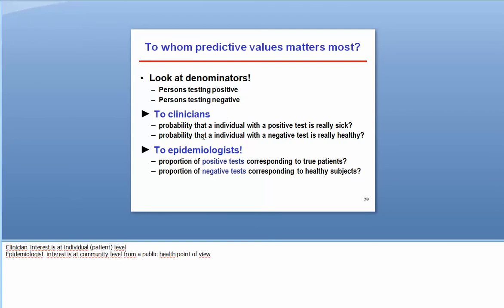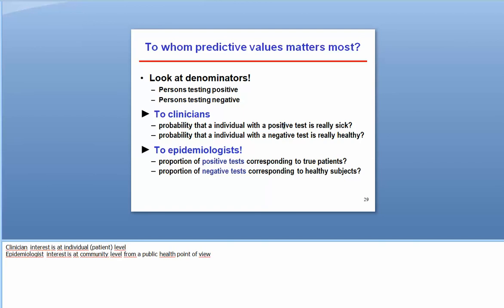Now, then also to clinicians. For a clinician, there's a difference between a clinician and an epidemiologist, from a healthcare point of view. The clinician is interested in his or her patient, right? So it is their interest which matters to clinicians. If there's a patient of a clinician, and that person comes up with a positive result, the question comes up, okay, is that person really sick?